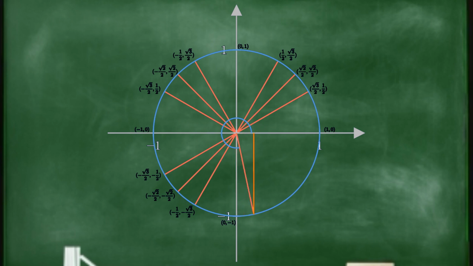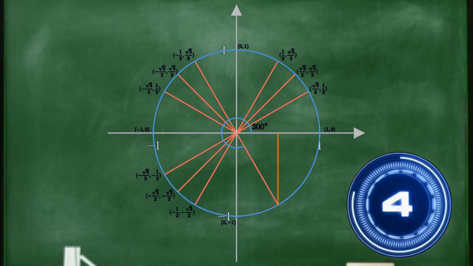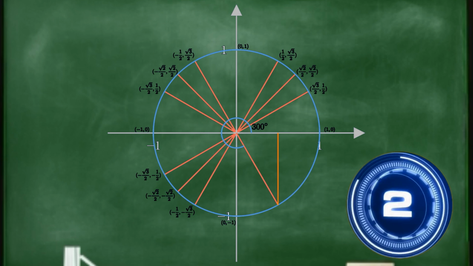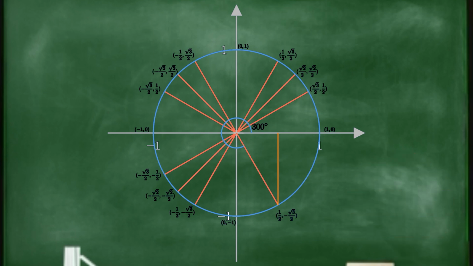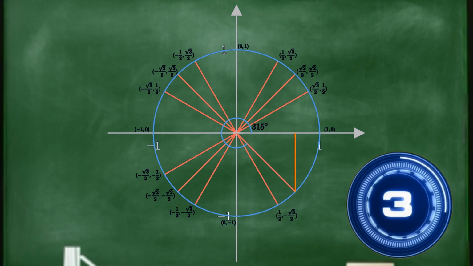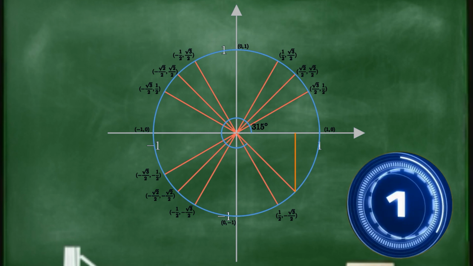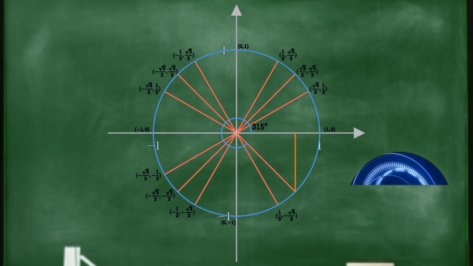How about the next one? Awesome. 1/2 and negative square root of 3 over 2. Next. Square root of 2 over 2 and negative square root of 2 over 2.